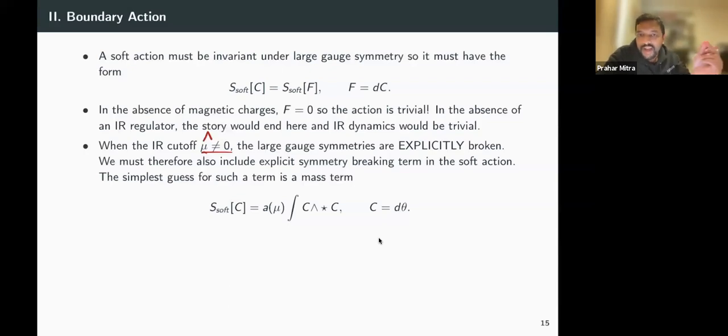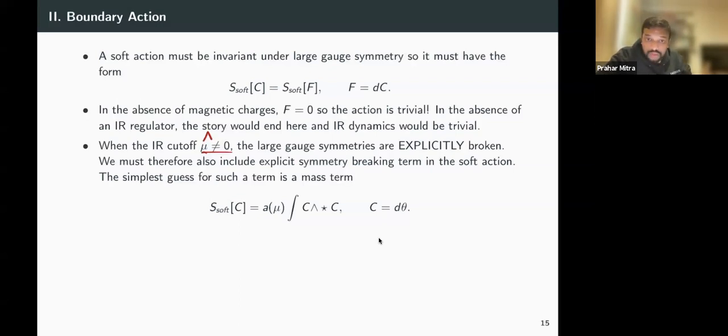You give a tiny mass term to your action, which characterizes the amount of explicit symmetry breaking. So we know how to deal with that as well. All I'm going to do is include in my soft action a small mass term for the gauge field C. This term now explicitly breaks the large gauge symmetry, but it preserves the global U1 symmetries. The global U1 symmetries are still exact symmetries of the theory.